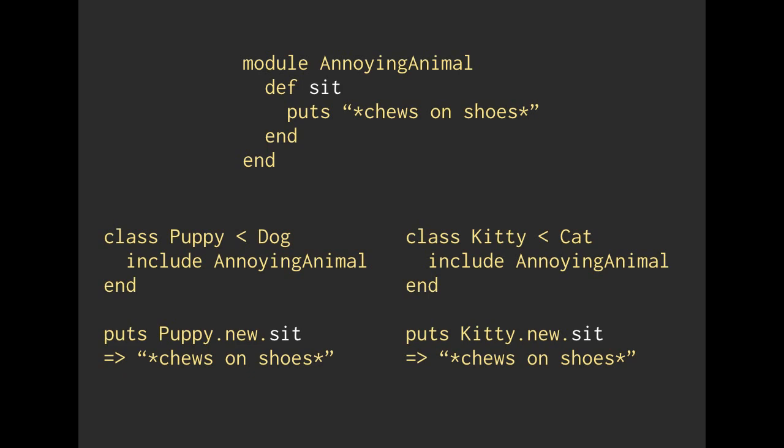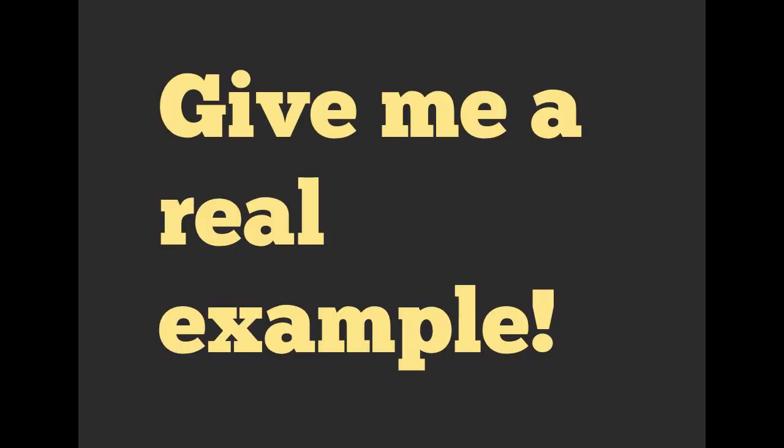So if we put puppy.new.sit, it's going to chew on shoes. If we put kitty.new.sit, it's also going to chew on shoes. And notice we're using the include keyword, and that is going to give us an instance method. One way I'd like to think of this is include starts with in, and instance also starts with in. So include gives us instance methods when dealing with modules.